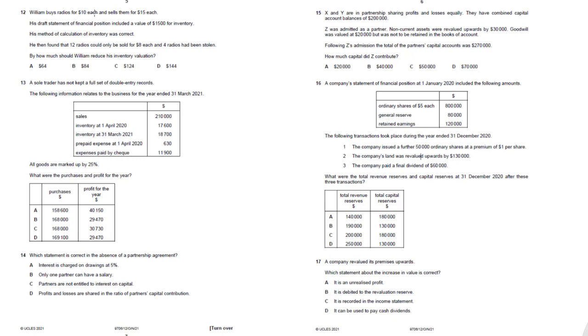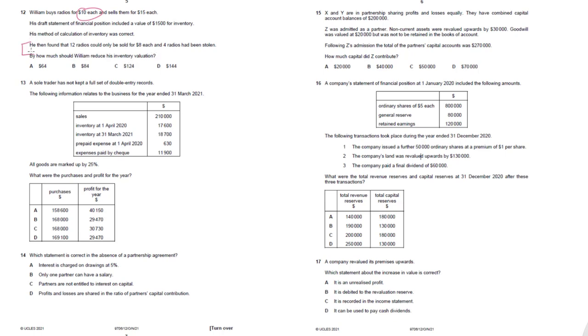William buys radios for $10 and sells them for $15 each. His draft statement of financial position included a value of $1,500 for inventory. His method of calculation of inventory was correct, which means he used cost. He then found out that 12 radios could only be sold for $8 and 4 radios had been stolen. By how much should William reduce his inventory valuation?